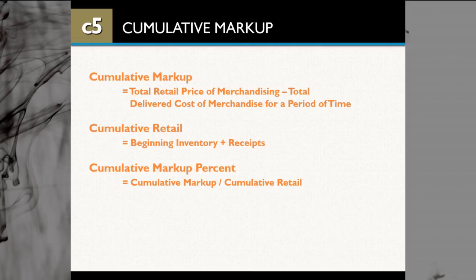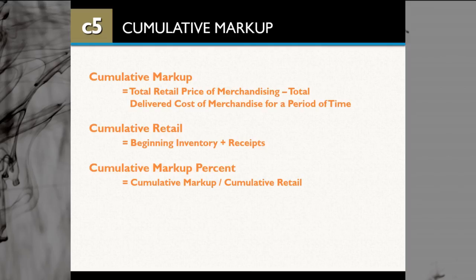So that is, markup is retail minus cost. But for this cumulative markup, that will be for a specific period of time, and you need to calculate the total amount to get this cumulative markup dollar. And cumulative retail you can calculate as beginning inventory plus receipts.